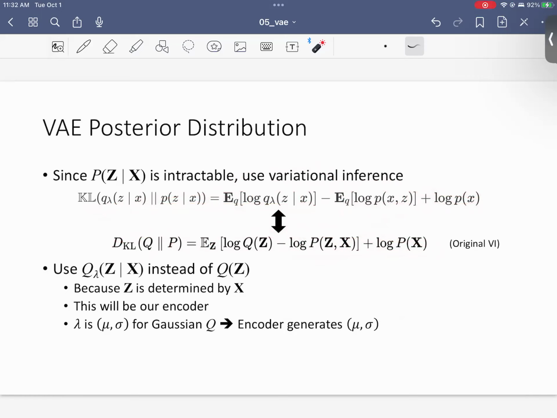And you can see that Q here has a lambda, which is our control variable, because we assume that Q follows a Gaussian distribution. Forget about the encoder and decoder for a moment; we're going back to variational inference, where I said that usually we set Q to be a manageable function, a Gaussian distribution.